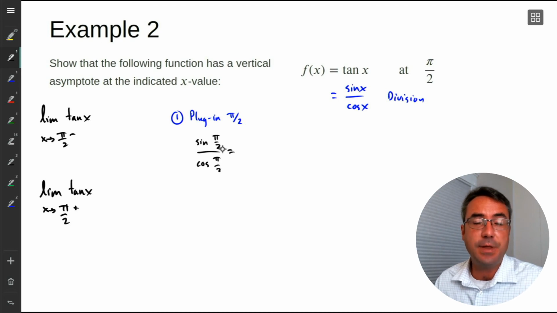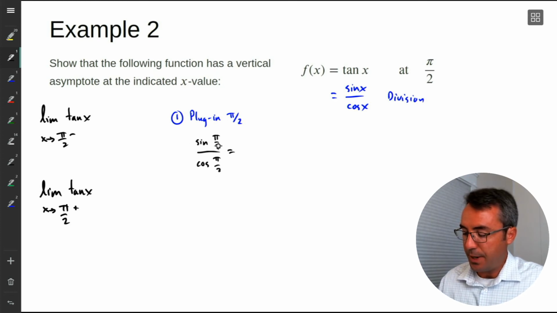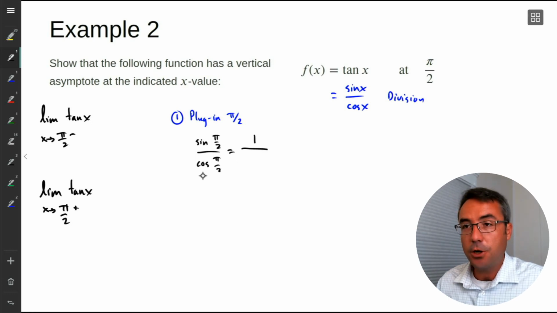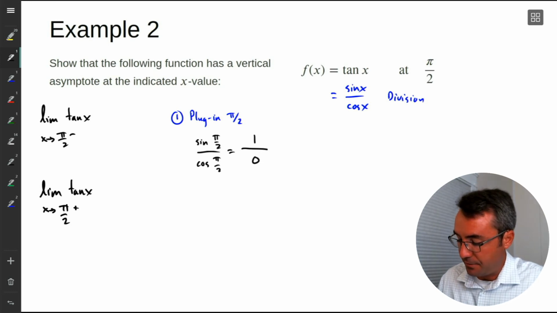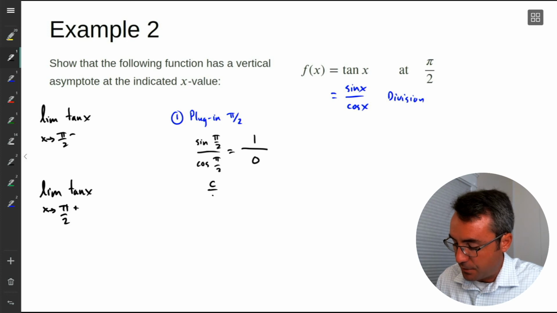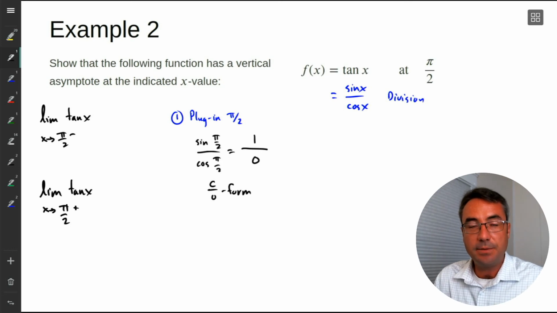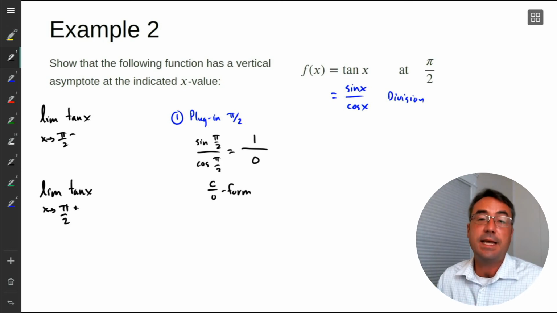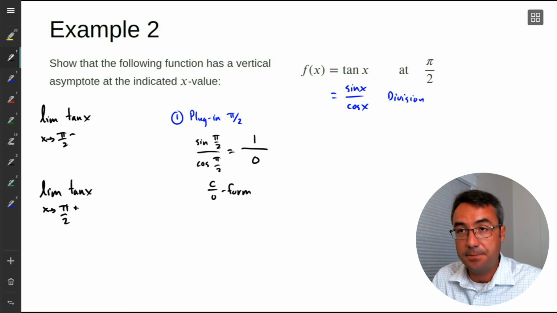So sine of pi over 2, that's a value we should have memorized. Same thing with cosine of pi over 2. It's just going to make our work a little bit easier. So sine of pi over 2 is 1, and cosine of pi over 2 is 0. So this is undefined. We can't divide by 0. But what we're showing here is that we actually do have a c over 0 form. And what that means is we know what's happening. The limit is going to be infinite.